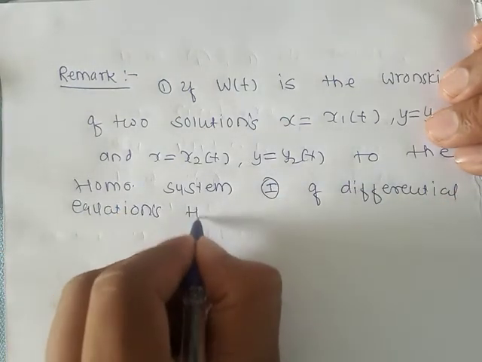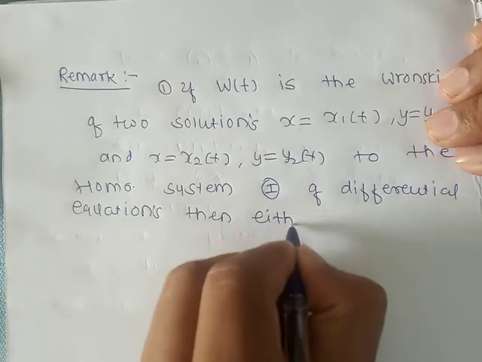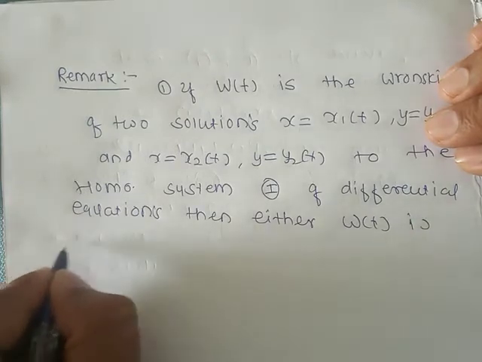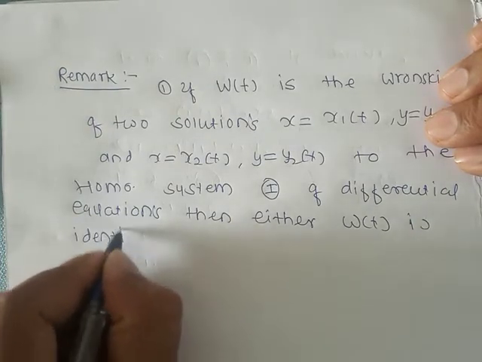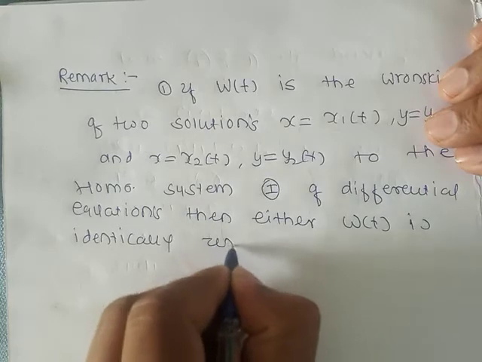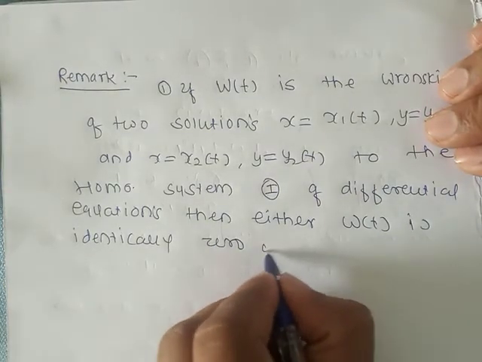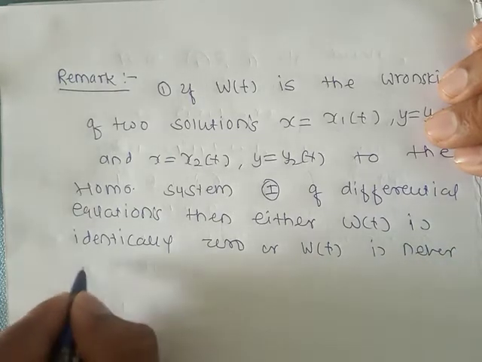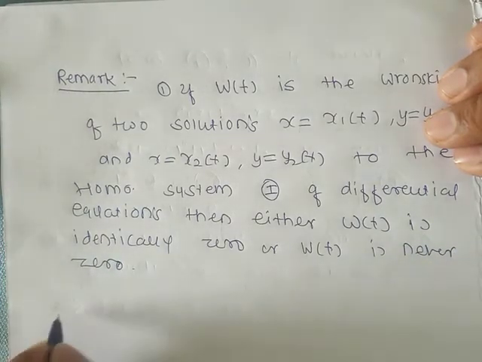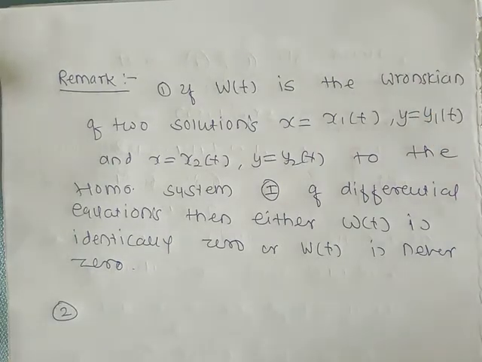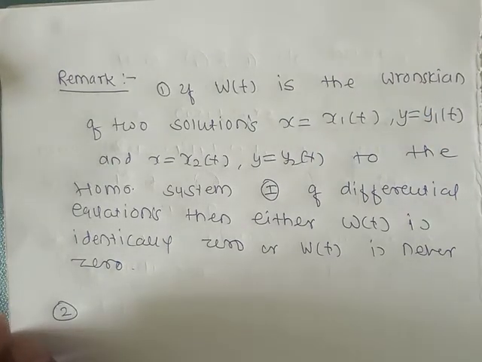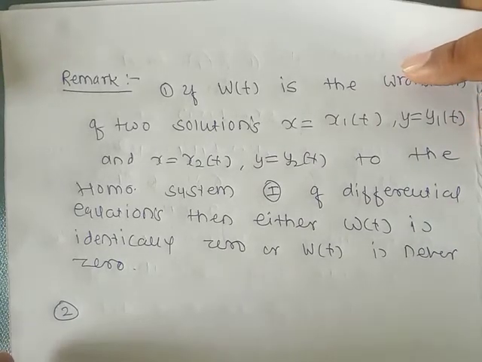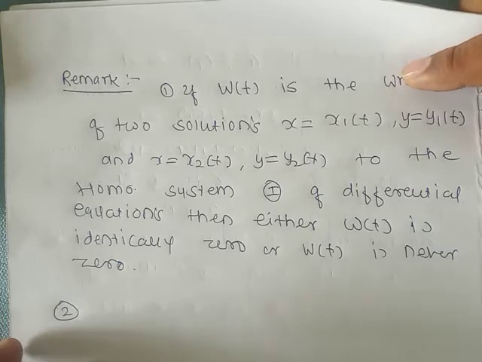Then either W of t is identically 0 or W of t is never 0. So Wronskian is either identically 0 or it is never 0.